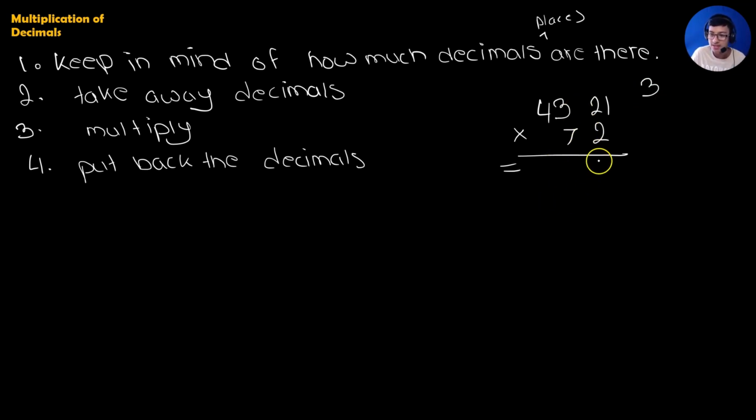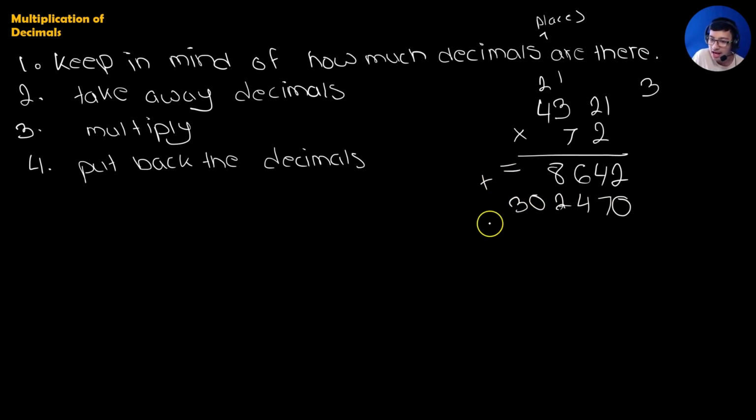So 4,321 times 72. So we would do this: 2 times 1, 2. 2 into 2, 4. 3 into 2, 6. 4 into 2, 8. Next one, 0, 7. 7 into 2, 14. 1 goes on top. 7 times 3, 21, plus 1, 22. And then 2 here, 7, 14, 21, 28, and then plus 2, 30. And then add.